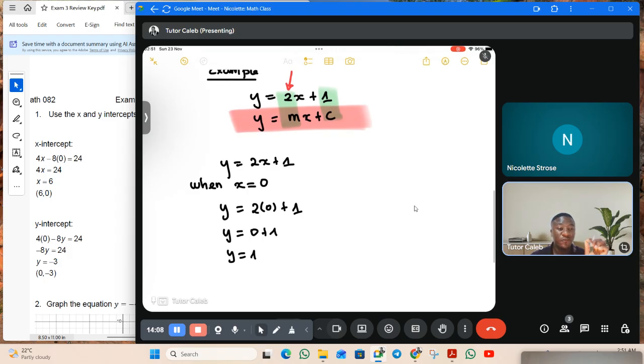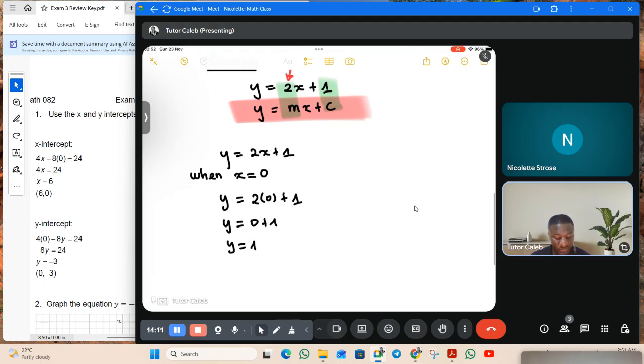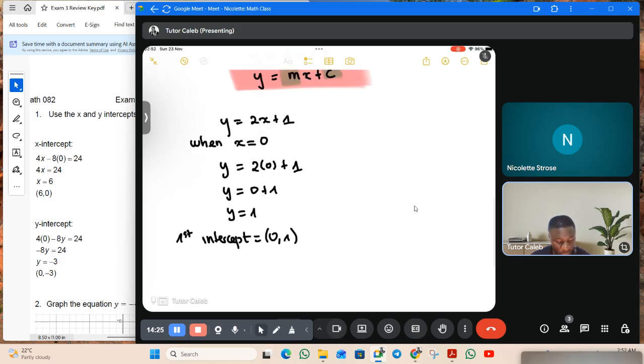That means that my first intercept is 0, 1. And this 0, 1 is the y-intercept. Why is it the y-intercept?